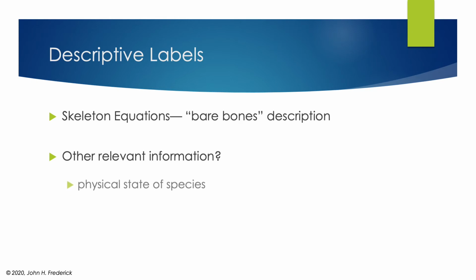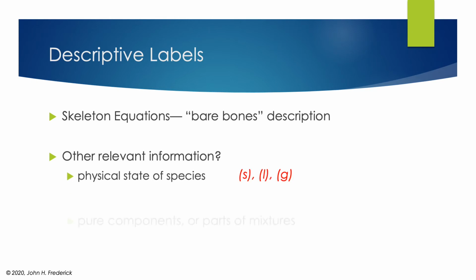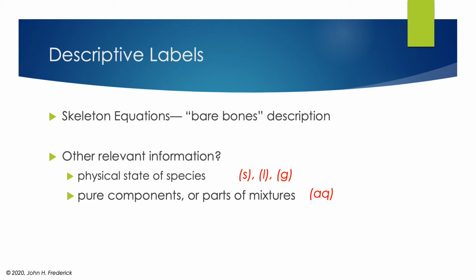Well, for example, we may want to know something about the physical state of the species. We may want to know if they're solid, liquid, or gas. We may want to know if their pure components are part of a mixture. So for example, we often use this label to indicate that something is dissolved in a water solution. The AQ stands for aqueous. We may also want to know the locations of ions. In many cases, they're in an aqueous solution.